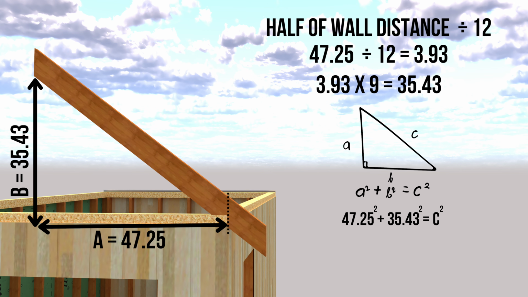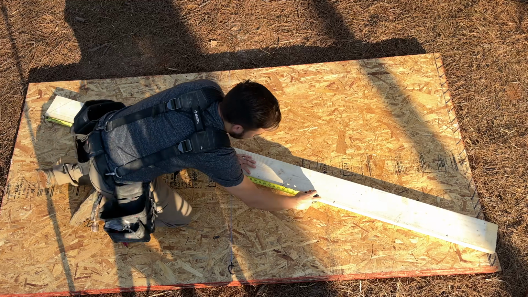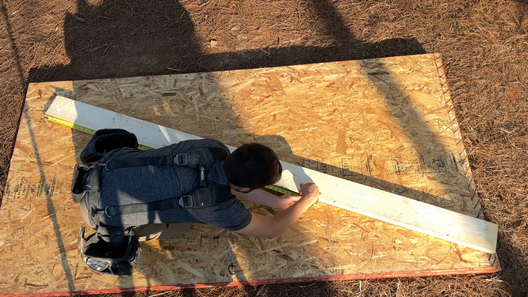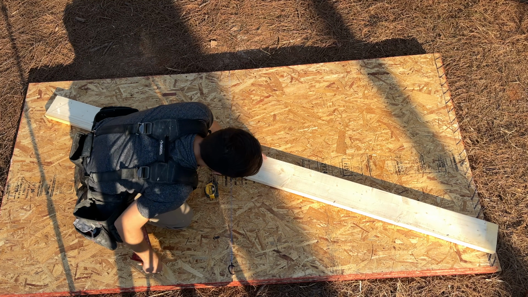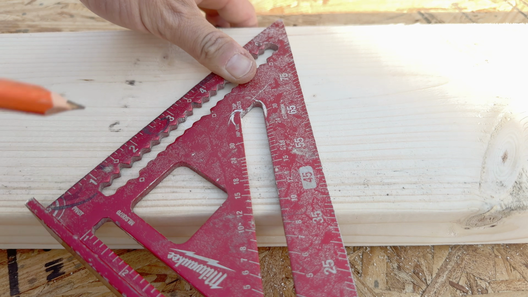And to find c, I take the square root of 3487. And now I have my distance from the top cut to the seat cut, which is the hypotenuse of 59 inches. To mark the 59 inches on the board, I do the same thing I did with the square in the beginning. I pivot the square to the number 9 and I mark it.